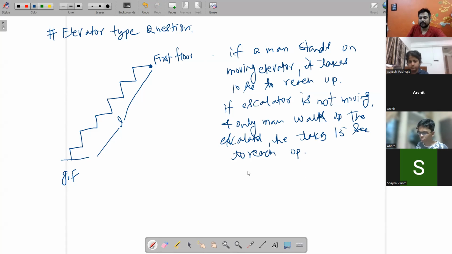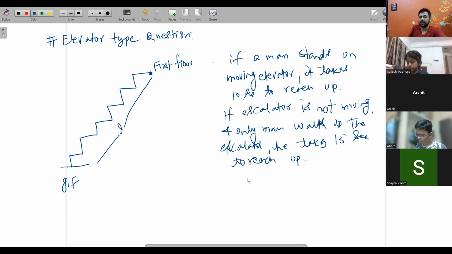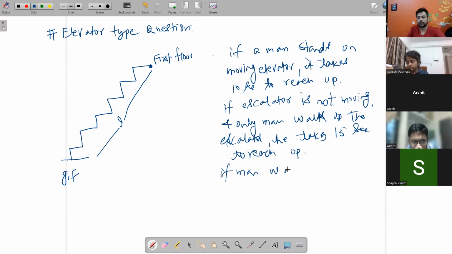Now we have to find, see, there are two scenarios. In one scenario, the man is not moving, the escalator is moving. In the second scenario, the man is moving, the escalator is not moving. In the third scenario, we have to find if the man walks up on a moving escalator.